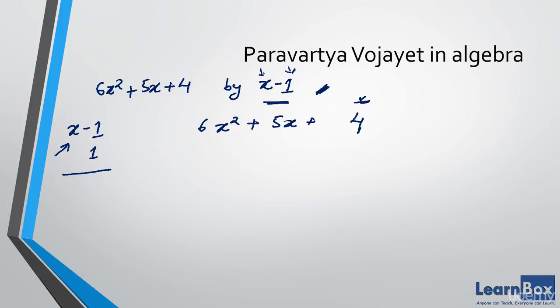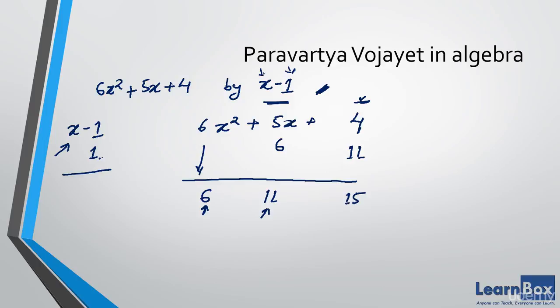Now the process is very similar. This 6 will come down as it is. We'll multiply this 6 with 1, so this becomes 6 here. We'll add these two, this will become 11. Now we'll multiply this 11 with 1 here, so this will become 11. So this becomes 15.